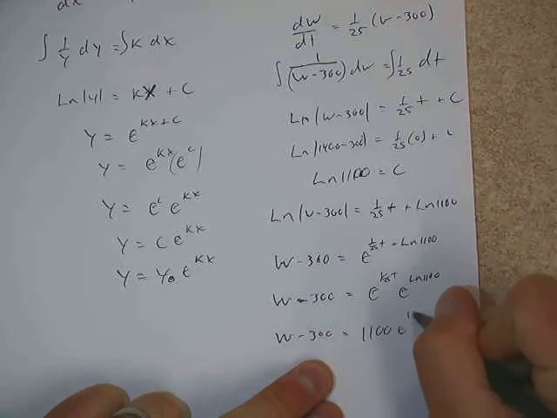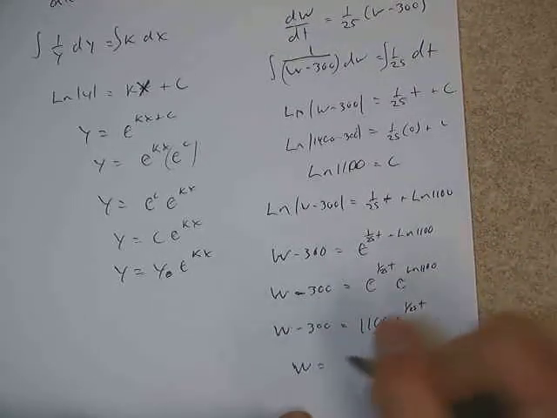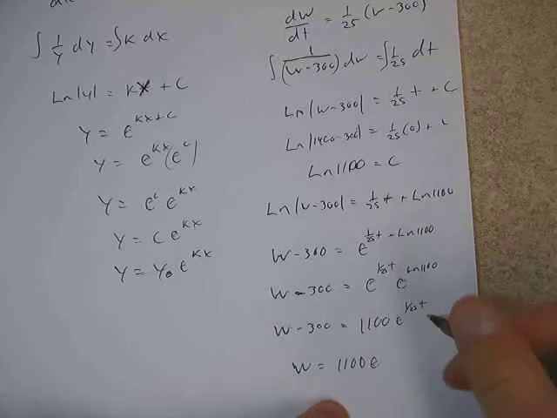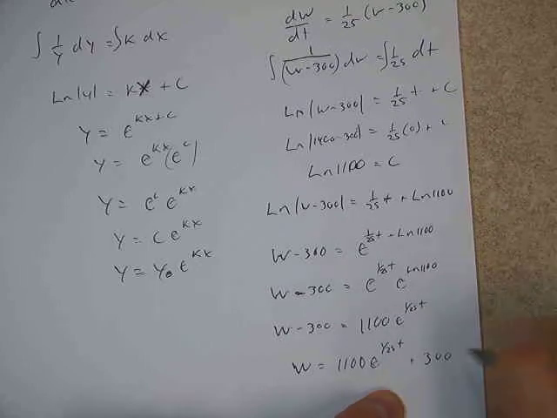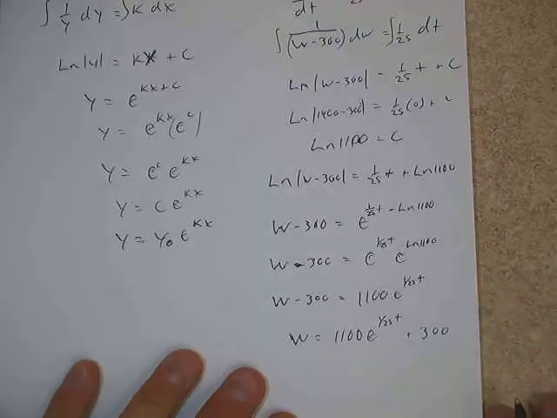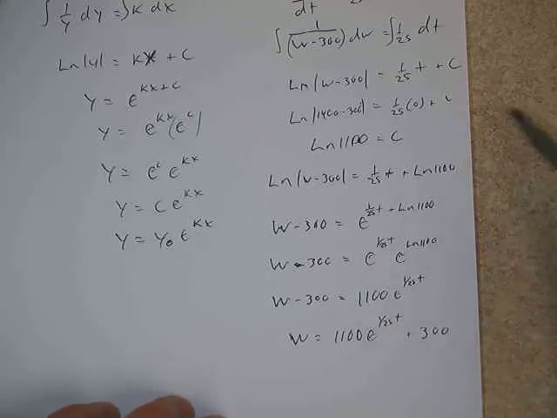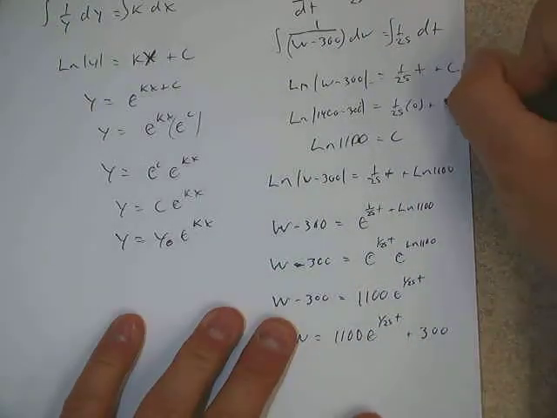And then from there, we know that e to the ln of 1100 is just 1100 because e and ln are inverses of each other. So we get the undoing, if you will. So we get 1100 e to the 1/25 t. And the final step, of course, to get w by itself is to add 300. So our final answer for the problem would be w equals 1100 e to the 1/25 t plus 300. And that would be the solution to the differential equation.